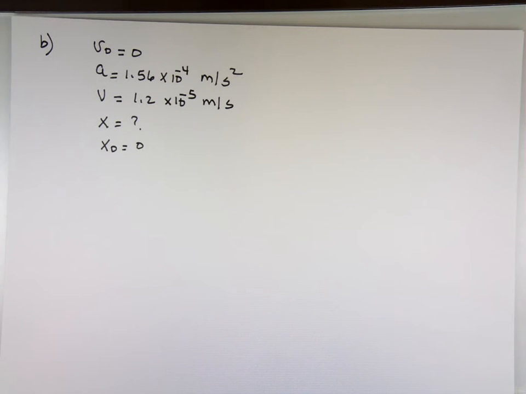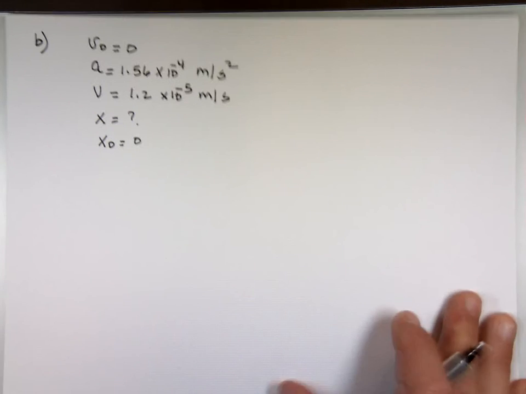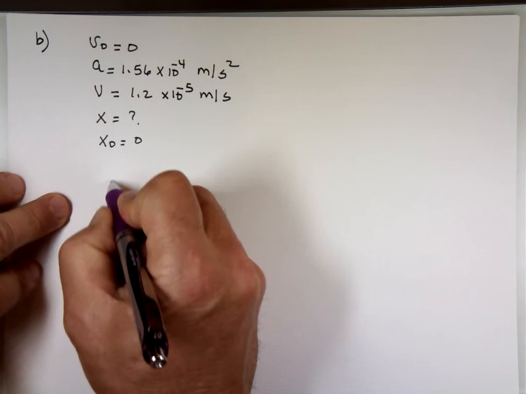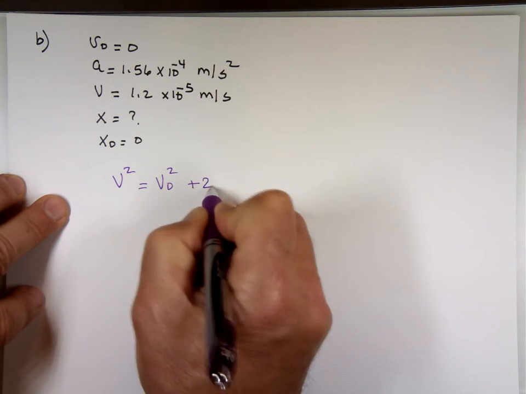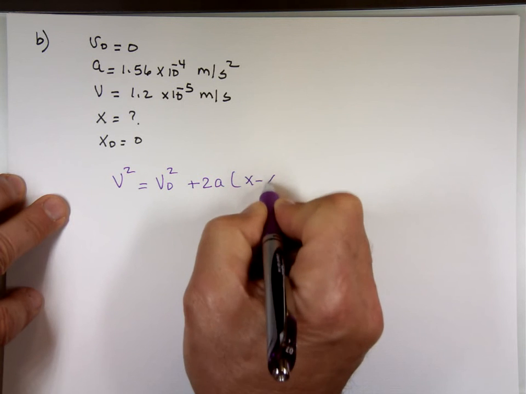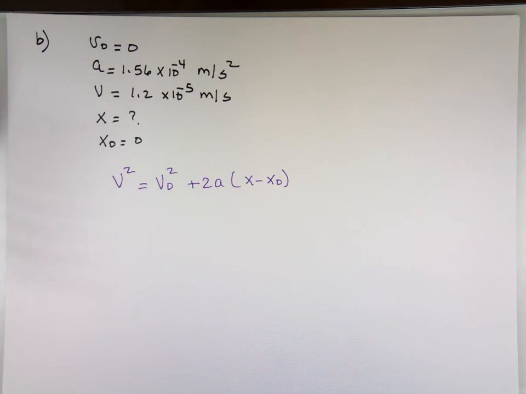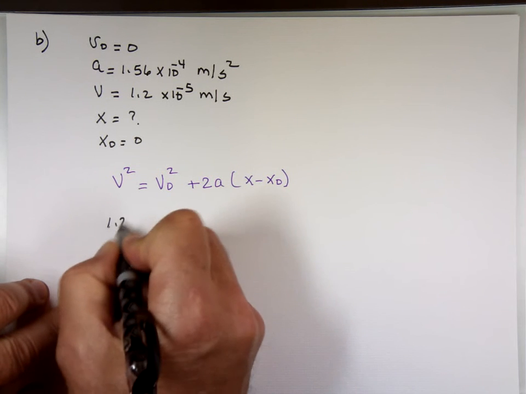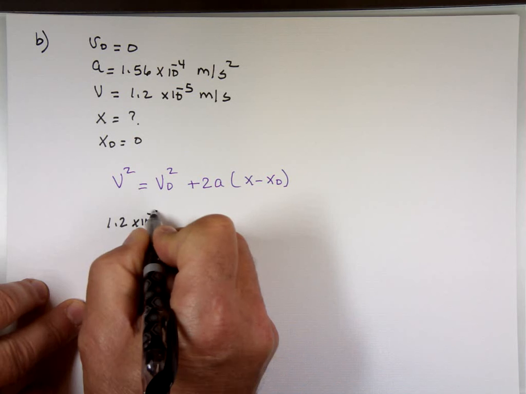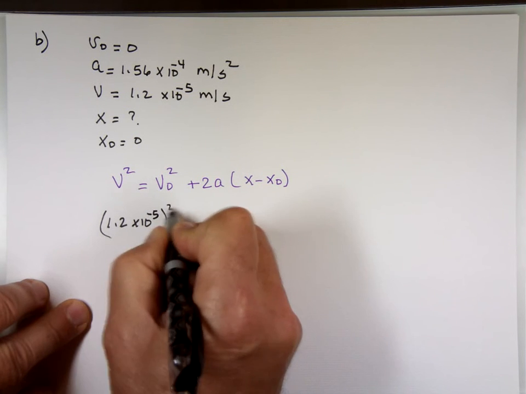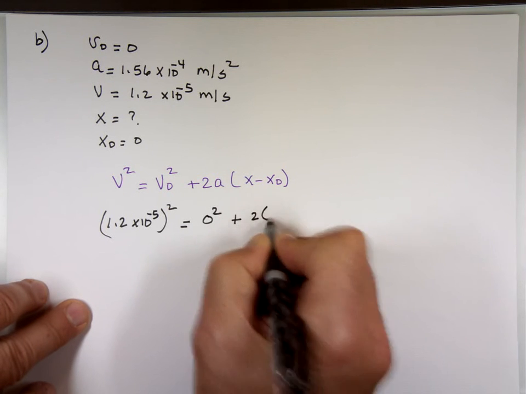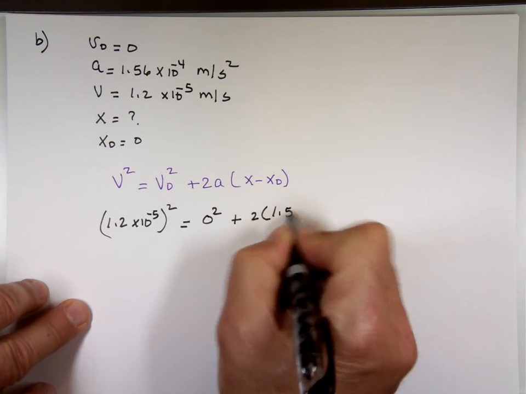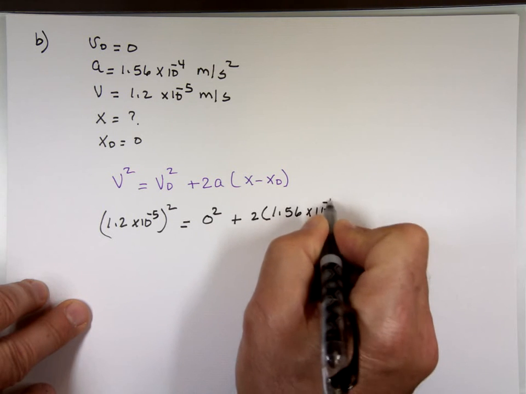And if you think about that, that's one equation again. It's the last one. V squared equals V0 squared plus 2a times x minus x sub 0, or delta x, either way. 1.2 times 10 to the negative 5, squared, equals 0 squared plus 2 times a, which is 1.56 times 10 to the negative 4, times x.